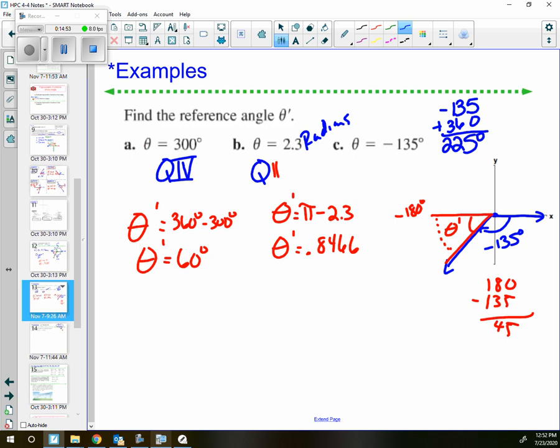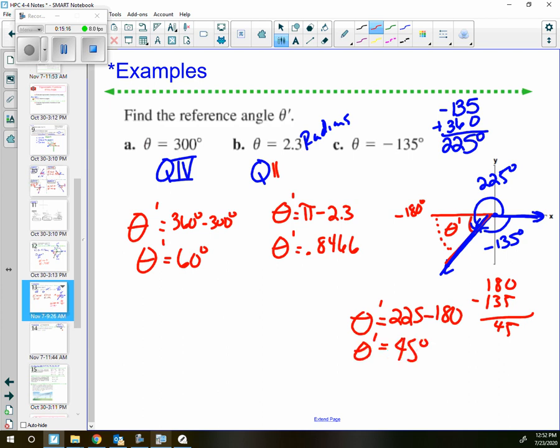So to do this question, instead of thinking negative 135, you could think of positive 225, which most definitely ends in the same spot. And then our theta prime, our reference angle formula, makes a lot more sense. So 225 minus 180 puts you at 45 degrees.